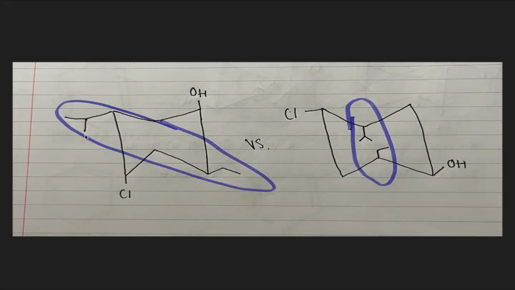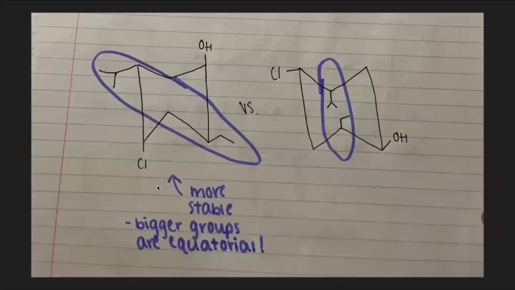But as you can see in the left molecule, these carbon groups are in the equatorial position because they're at an angle. And then in the right molecule, they're in the axial position because they're straight up and down. So in this case, the left molecule is the most stable because your bigger groups are in the equatorial position.